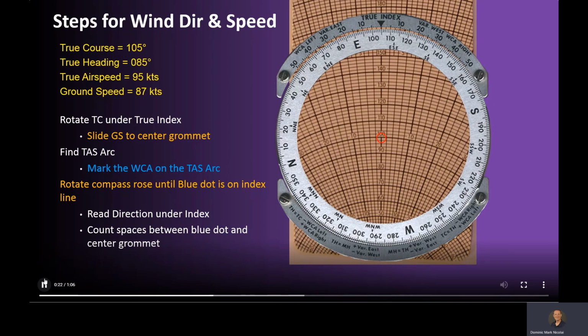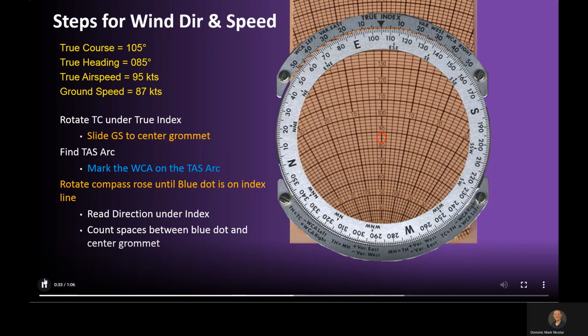Next, I'm going to slide our ground speed under the center grommet, 87 knots. Wind dot on the arc for true airspeed, so 95 knot arc. Look for 20 degrees to the left because that's your wind correction angle.